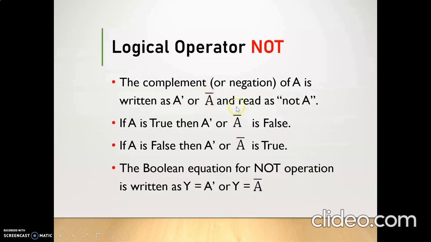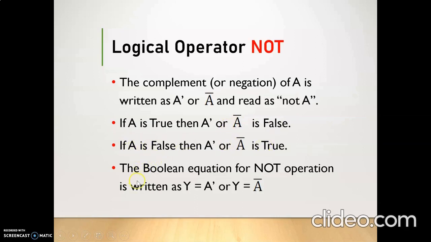Both are going to be read as not A. And when A is true, not A is going to be false. When A is false, not A is going to be true. It just reverses the original value of the variable. The original value is true, not A is false. The original value of A is false, not A is true.